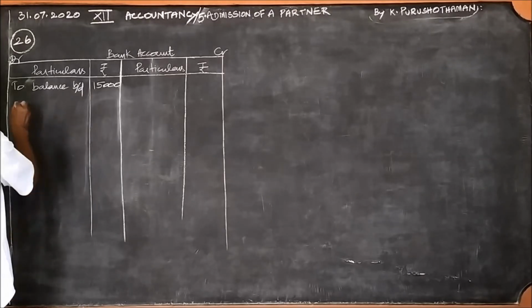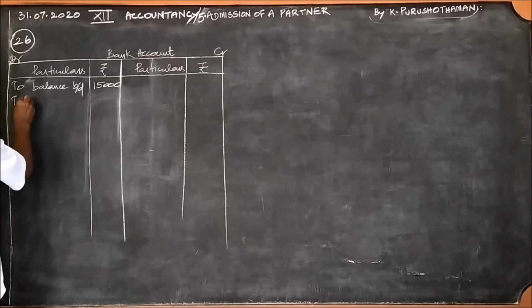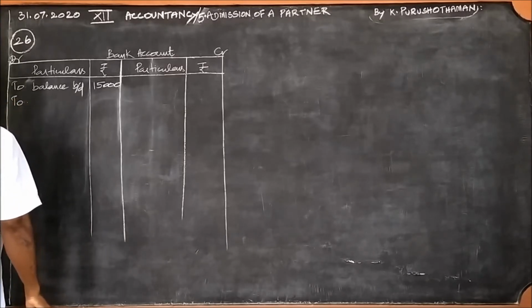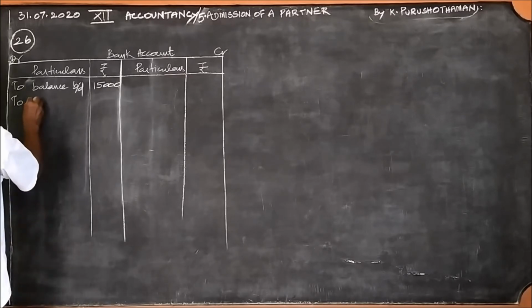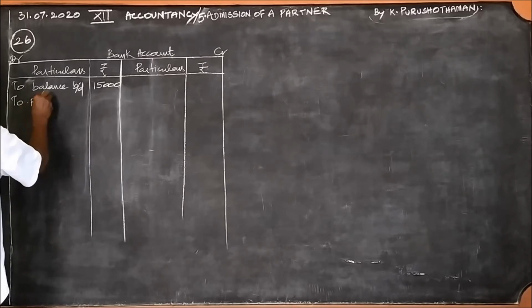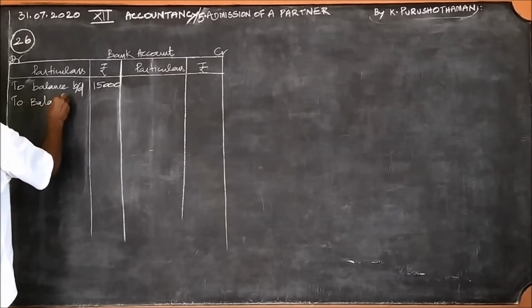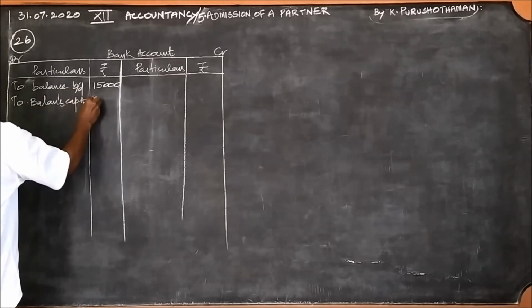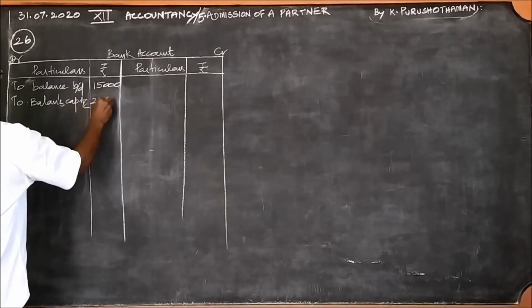Second, the new partner brings in capital. Bolan brings 25,000 as capital, so to capital account, 25,000.